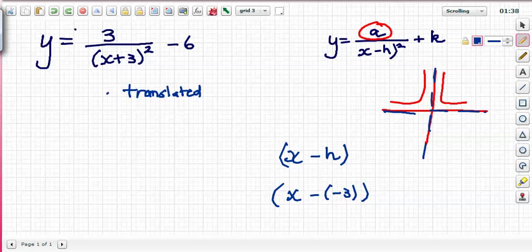So that's one way you can get around these translations: x minus h means that it's translated h units. So h in this case is minus 3. So it's translated 3 units to the left. So without even drawing anything, it's 3 units left.